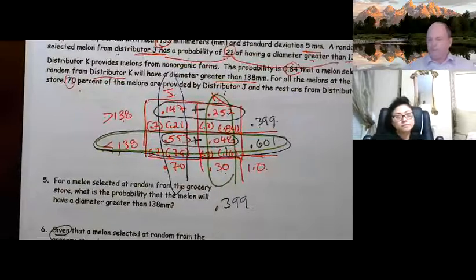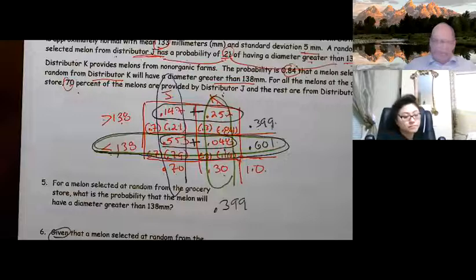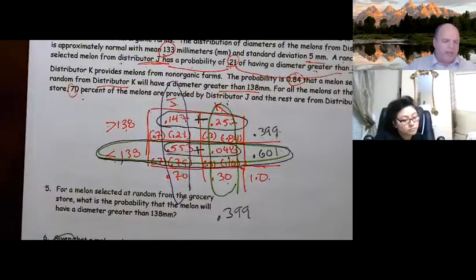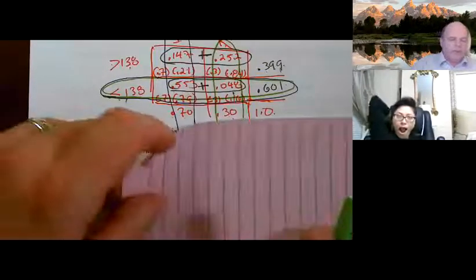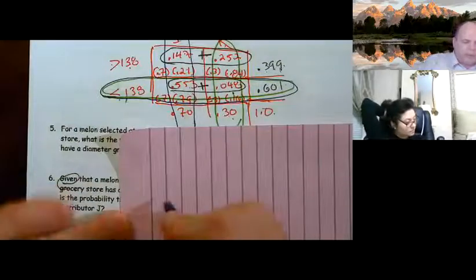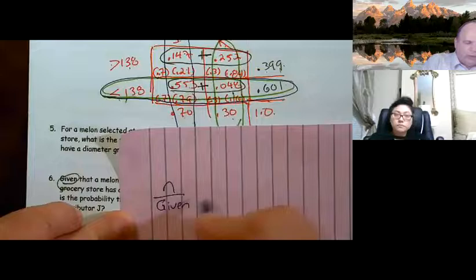Finally, given that a randomly selected melon came from distributor K, so we're told it came from K, and by the way, they said the word given. As soon as they say the word given, I know it's going to be in the denominator, and I know I'm going to have an intersection.